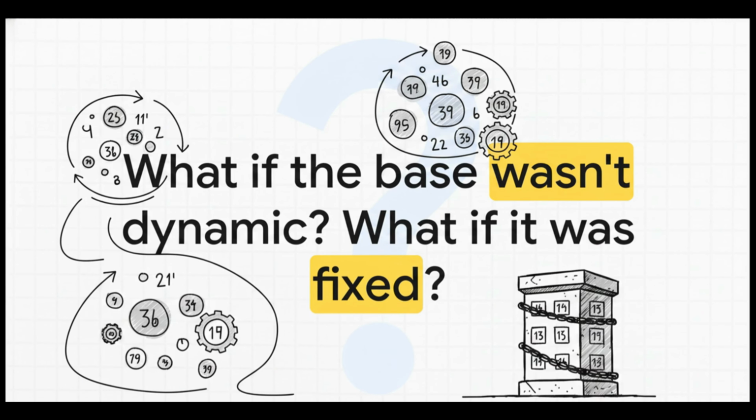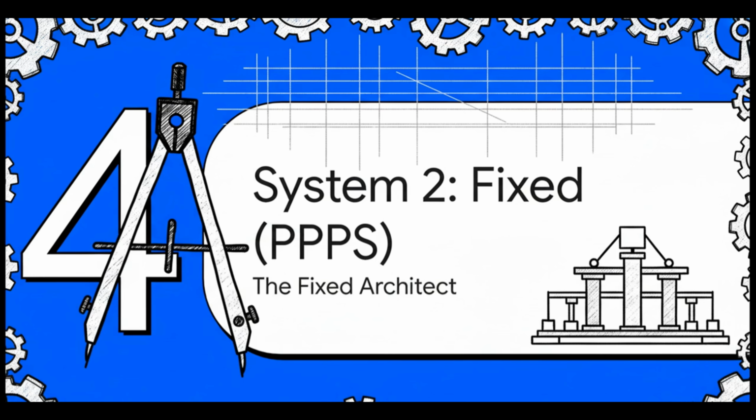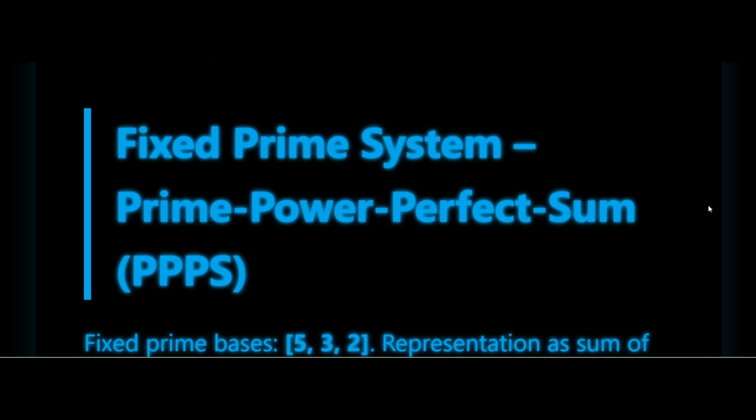What if we did the complete opposite? What if we built a system with a totally rigid, unchangeable set of primes? Perfect prime power summation, or PPPS for short. We have the proper understanding of how we can change a number from one base to another and encode our information in there.